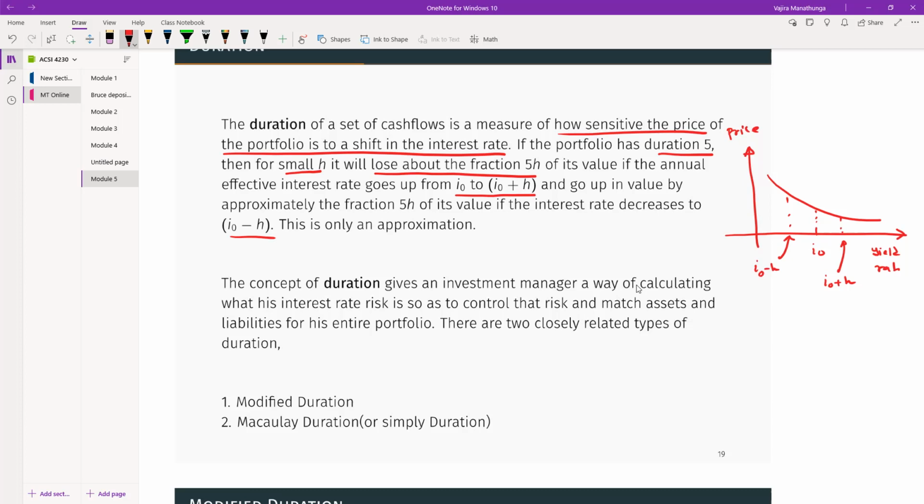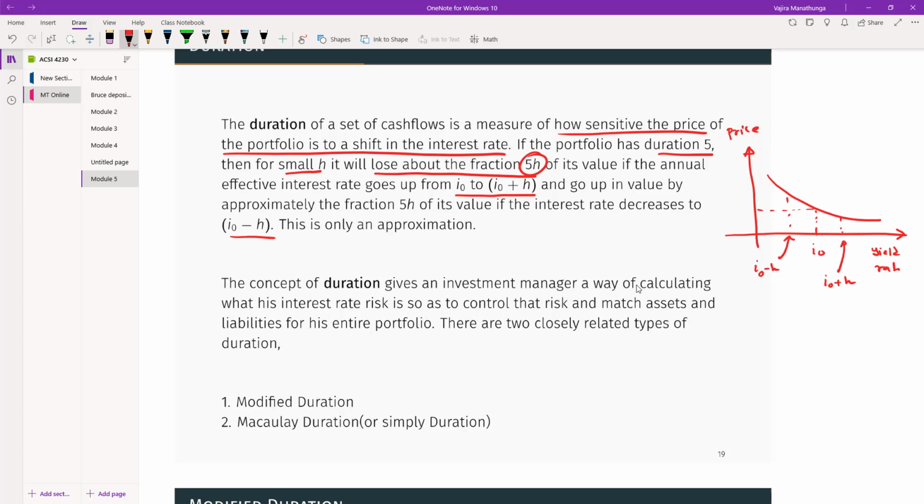You can see that if the rate goes from I0 to I0 plus h, and the duration is 5, the price is going to decrease by a fraction 5h of its value in the annual effective rate. So this is the basic idea. We will see a more concrete example than this. This is just a definition.